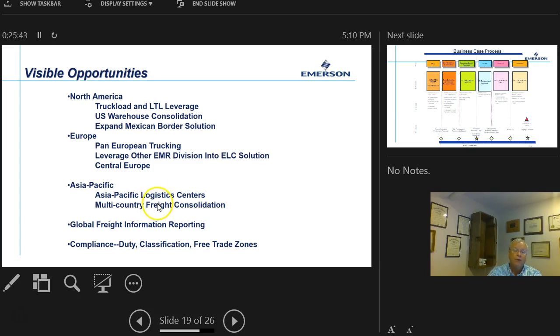So the idea of having ocean hubs and air hubs and multi-country freight consolidation was where we should have focused our attention. And from there, we could have branched out. We could have let the LTL side progress concurrently.